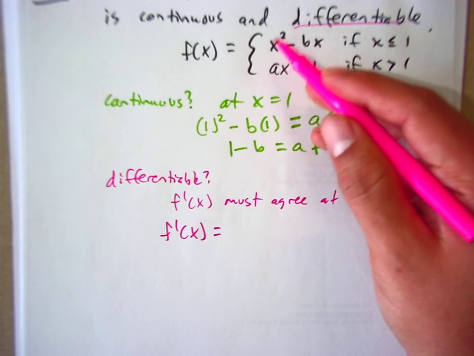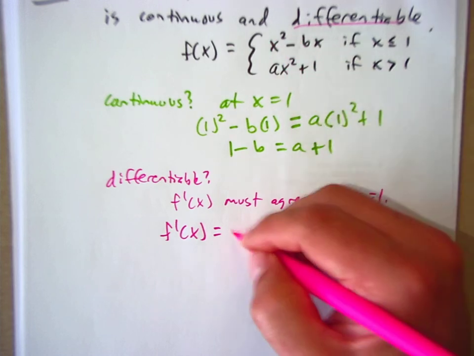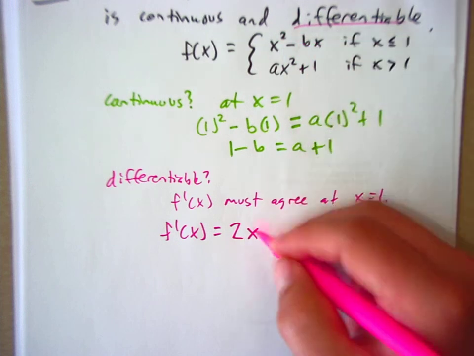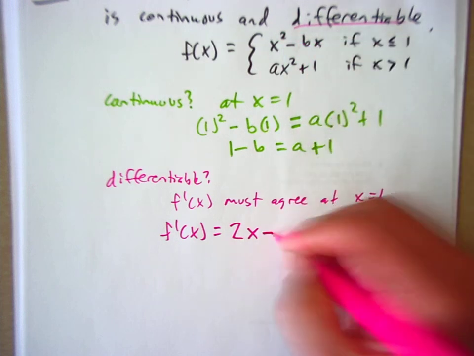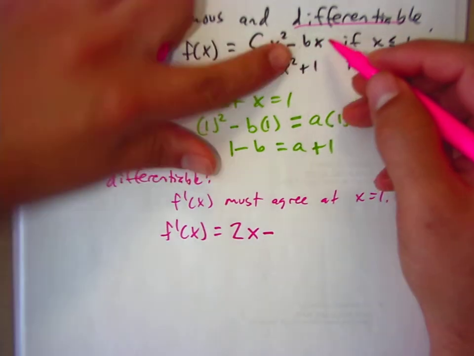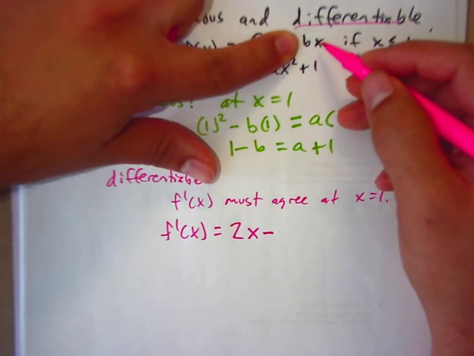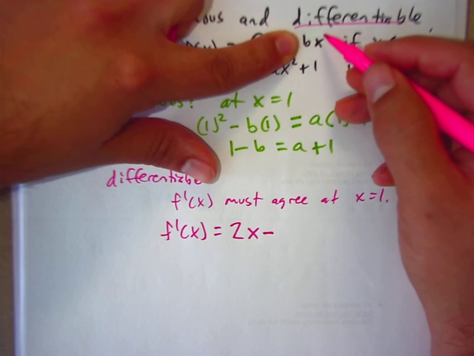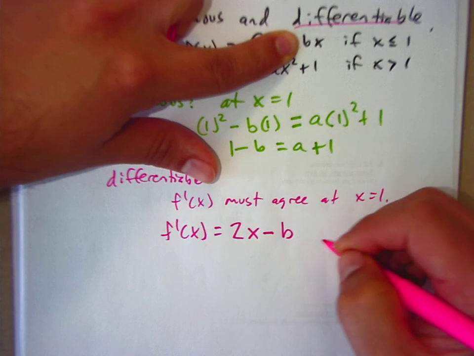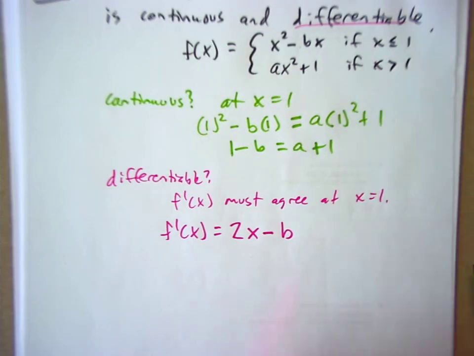Bring this exponent out in front, make it 2x, and then this decreases by 1, so it's just x to the first. If I take the derivative of the second term, bx, this coefficient is just there. This 1 comes out and doesn't do anything there, so it's just going to be minus b. That goes to the x to the 0, so the x kind of disappears there.